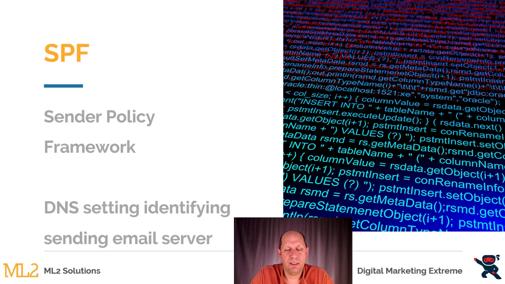The SPF record is one that the email server receiving the email can ask, hey, who should be sending this? They look that up, and if that email actually comes from it, then we know that's a real message. If not, it might be suspect and can be used to help eliminate spam.